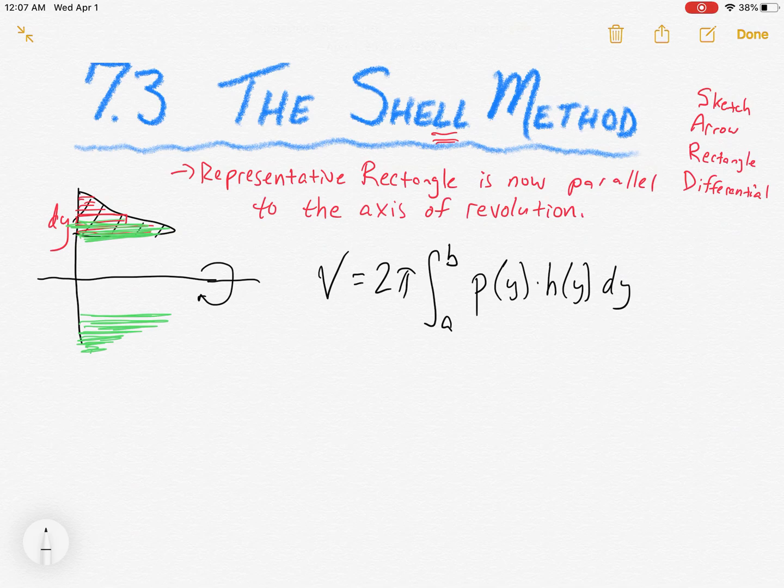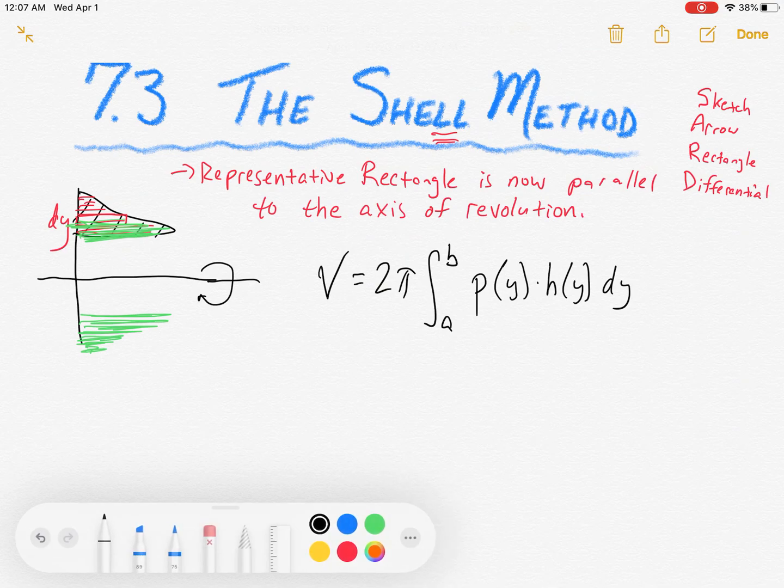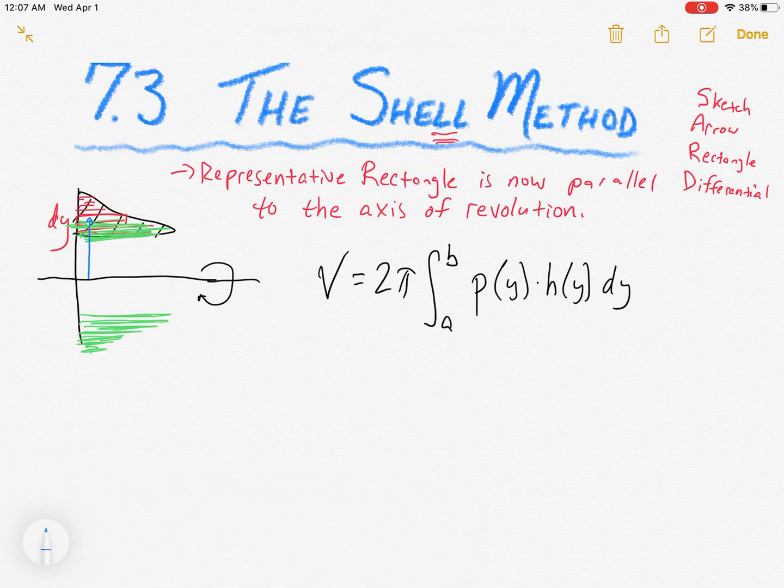P is the distance the rectangle is from the axis of revolution. Before, we had outer and inner radius, and they had different distances to the axis of revolution. Now the entire rectangle, since it's parallel to the axis of revolution, is a consistent distance throughout.